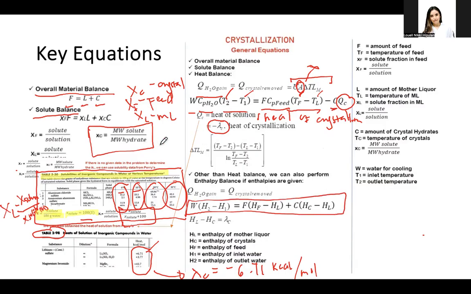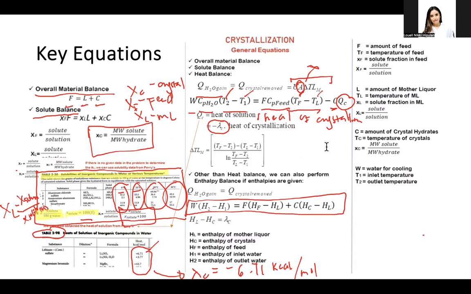W, the flow rate of your water, times the enthalpy of your outlet minus the enthalpy of your inlet, is equal to the flow rate of your feed times the enthalpy of your feed minus the enthalpy of your outlet or the mother liquor, plus the flow rate of your crystals times the enthalpy of your crystals minus the enthalpy of your mother liquor. So this represents the same concept as heat balance.